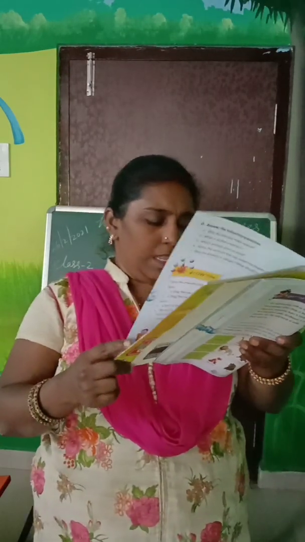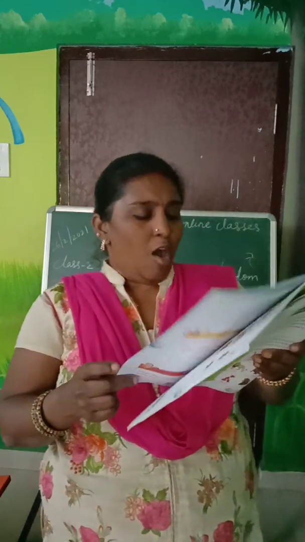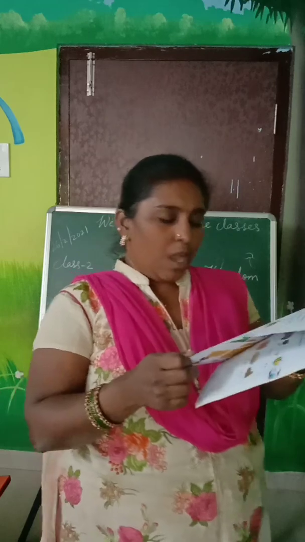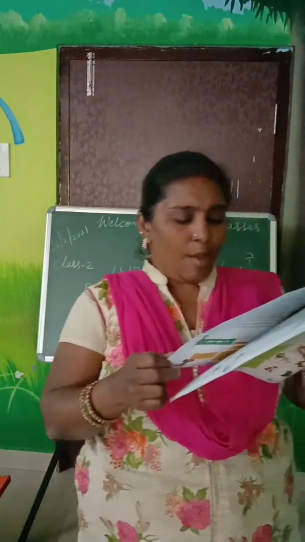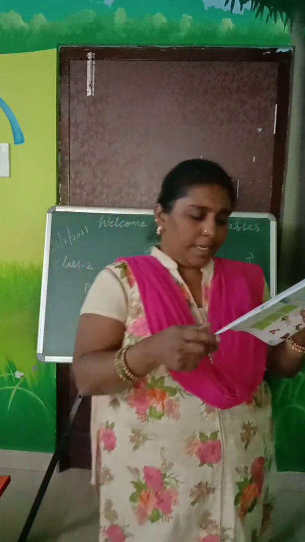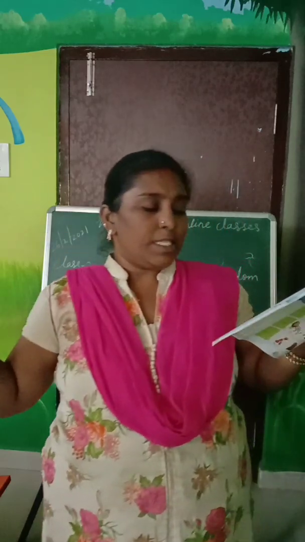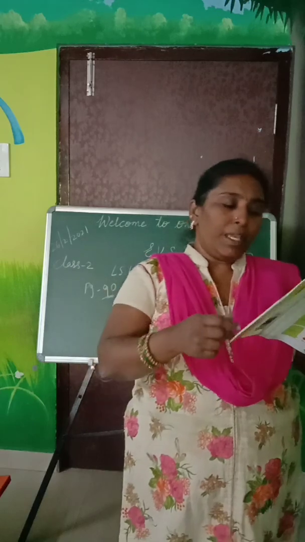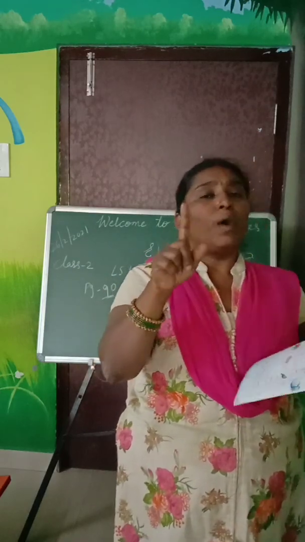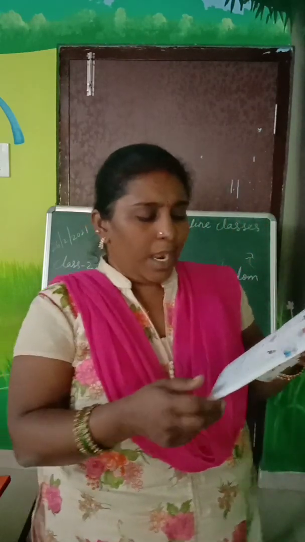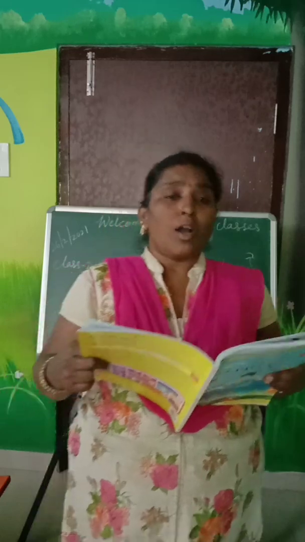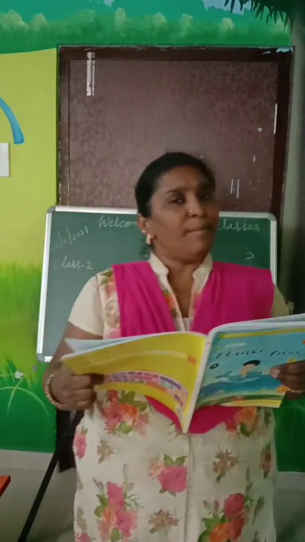And lastly, babies of animals. All animals have babies. Large animals such as elephants, cows, deer, etc. usually have only one baby at a time. Small animals such as dogs, cats, and rabbits have many babies at a time.